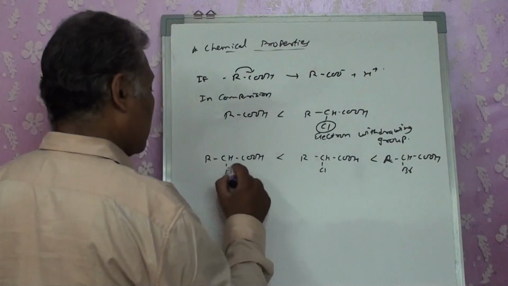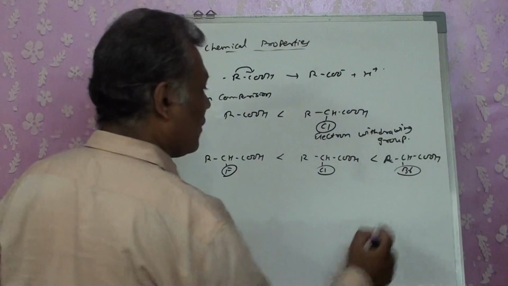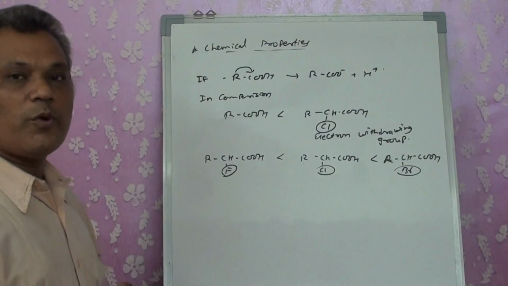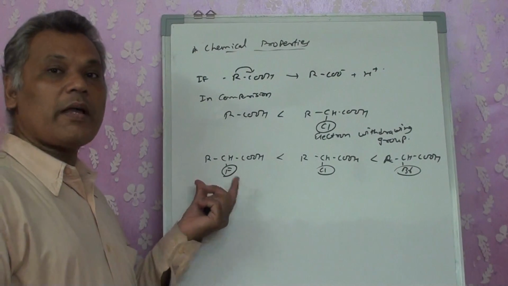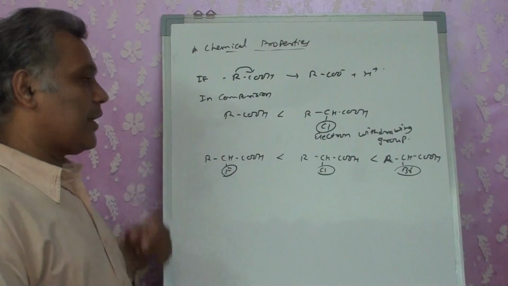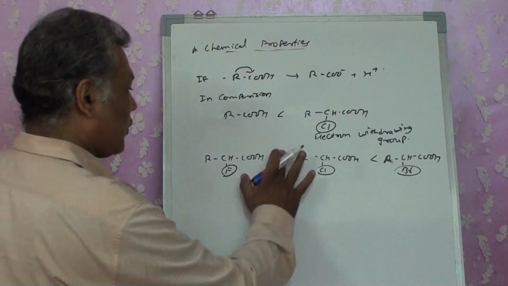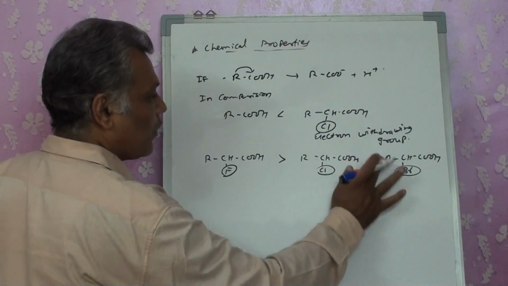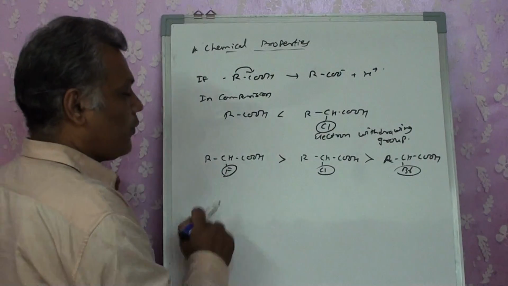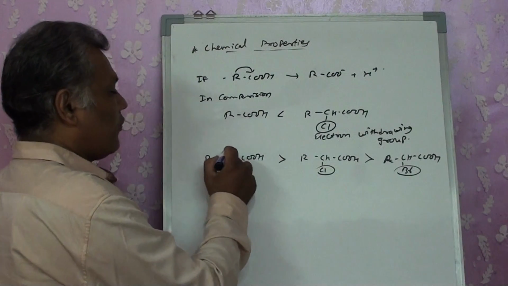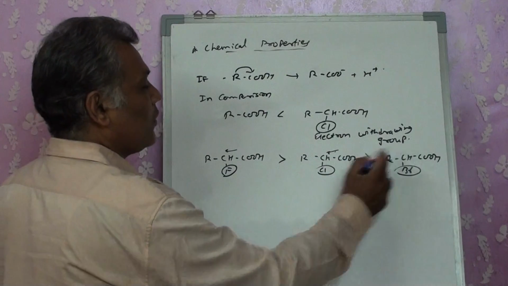The reason is the electronegativity of this compound, it's in the form of F, Cl, Br, and because of higher electron withdrawing group, acidic character is more. Sorry, I wrote it incorrectly, it's a more acidic character. This one is going to become more because the electron withdrawing group is stronger, right?